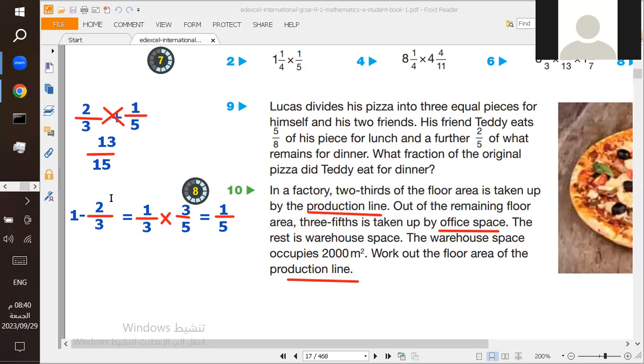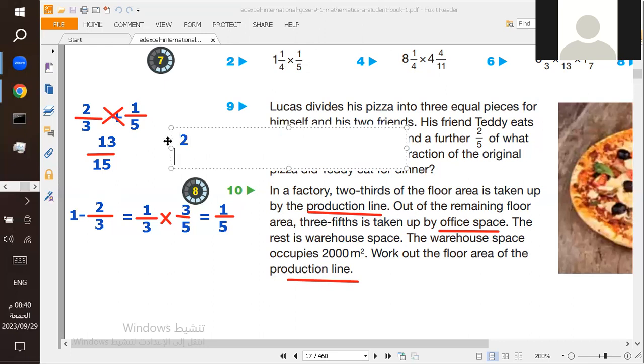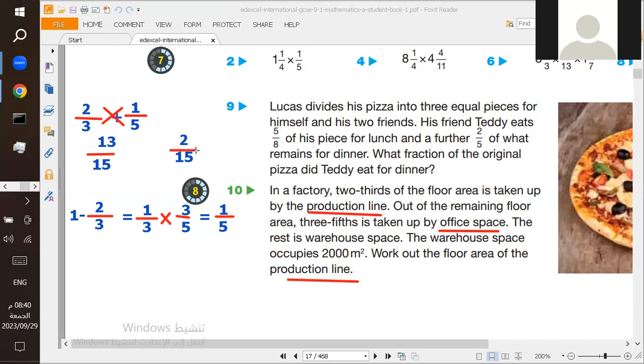That's the whole area taken by these two, the production line and the office area. Now we need to know the warehouse, so we subtract this from 1. After subtracting this from 1, it's going to be 2 over 15.